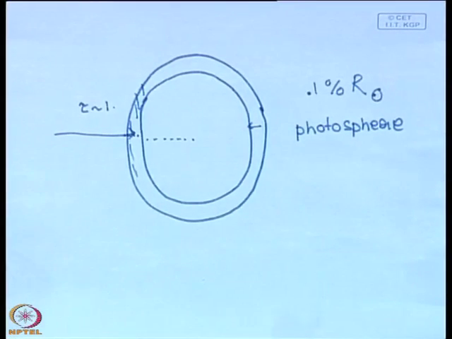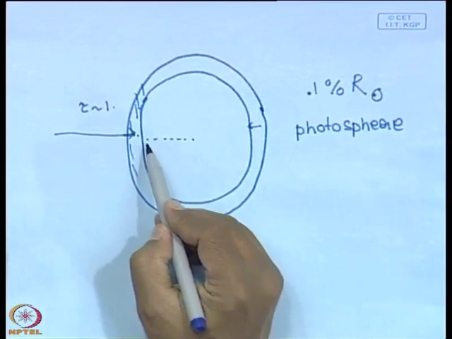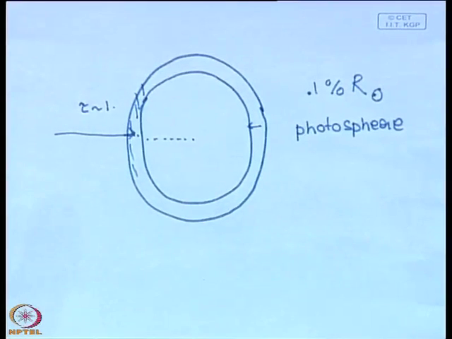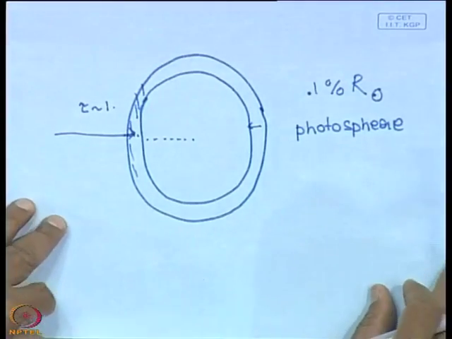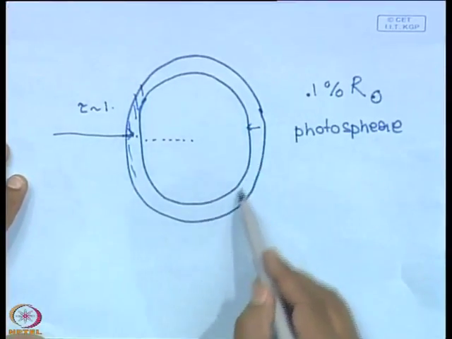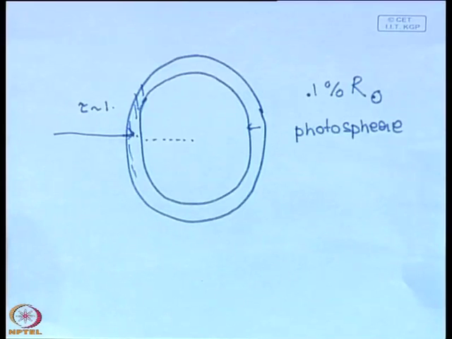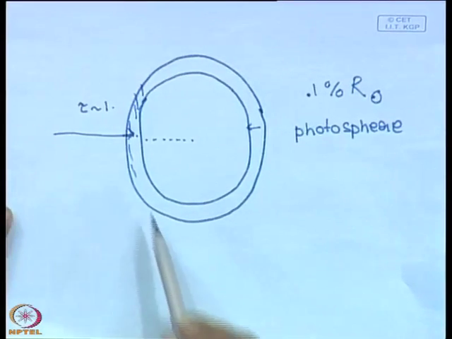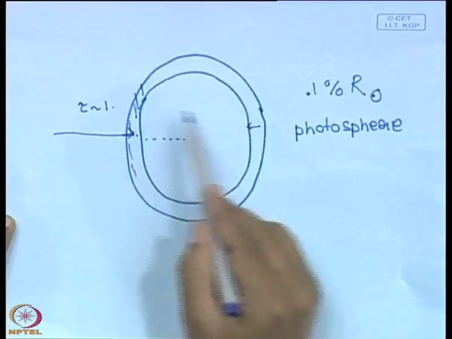Today, let us try to work out what the interior of the sun looks like. So, we start off by considering this to be a spherical mass distribution, some gas, which is in hydrostatic equilibrium.